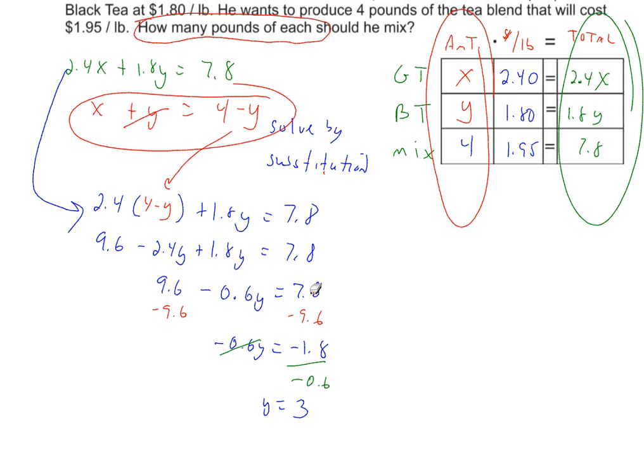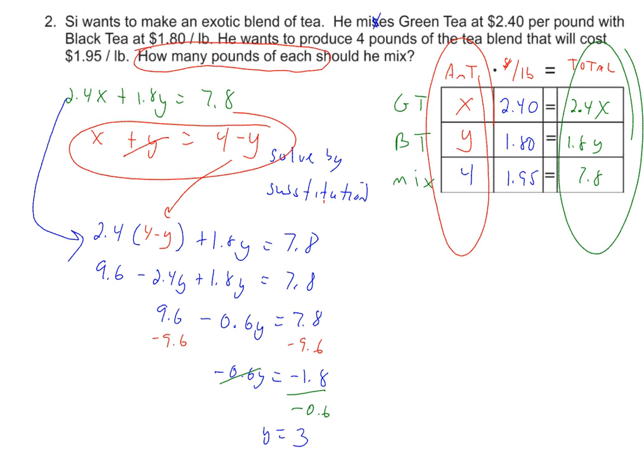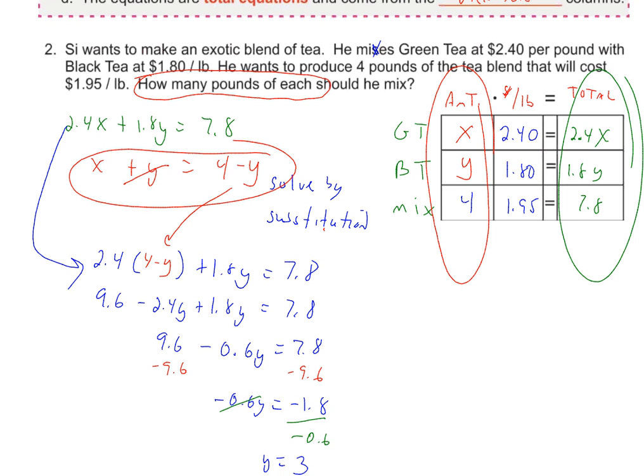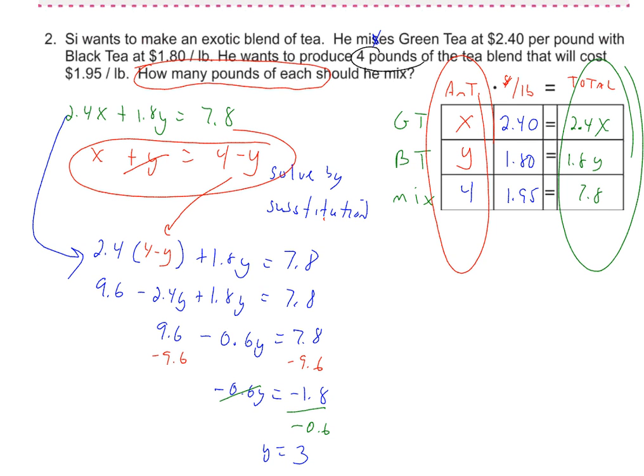You should then go to your chart and say, what is y? Well, y is my black tea, and what are the units of y? y is in pounds. So 3 pounds of black tea. How many had that? Okay. 3 pounds of black tea.